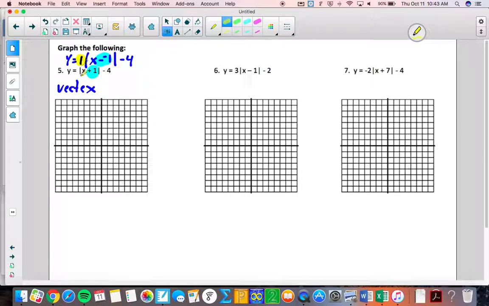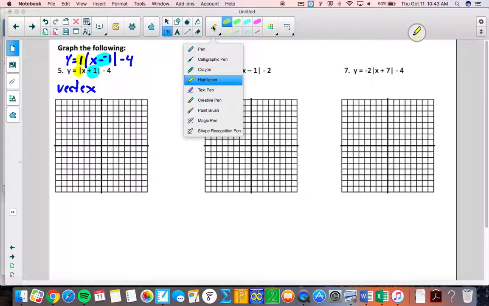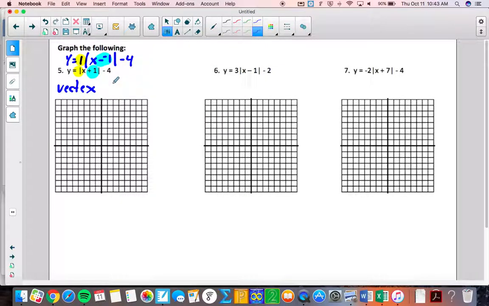And then I just threw the multiplier out in front. So the vertex occurs at, well, what value is getting subtracted from x? It's negative 1. And what value is being added on the outside? Negative 4 is being added to this function outside of the bracket. So negative 1, comma negative 4 is my vertex.